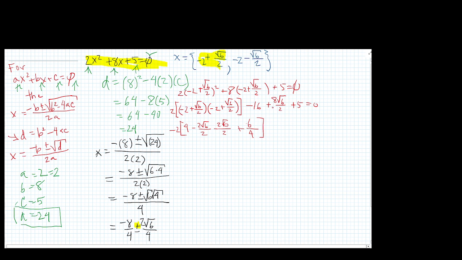And notice here how we have two just regular numbers, minus 16 and plus 5, that is equal to negative 11. And we bring down our radical, plus 8 square root of 6 over 2 equals 0.